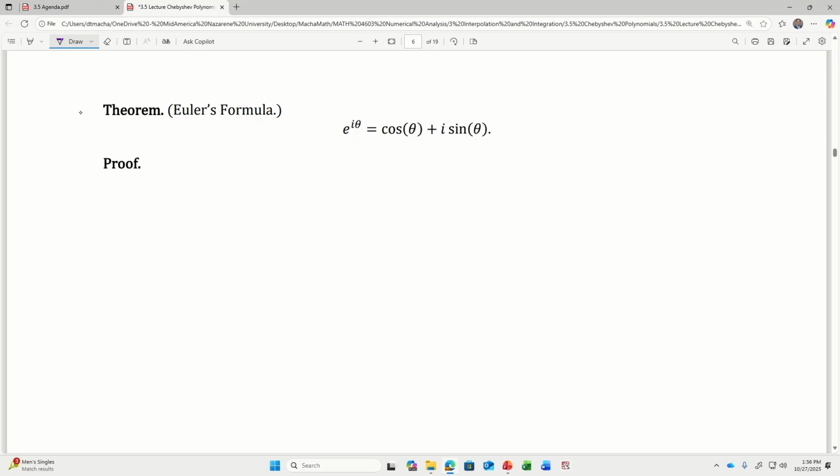We're trying to show that e raised to the power i times theta is equal to cosine of theta plus i times sine of theta, where this i is the square root of -1. And here's what you do. You say, I'm going to define a complex number z that is equal to cosine of theta plus i times sine of theta.